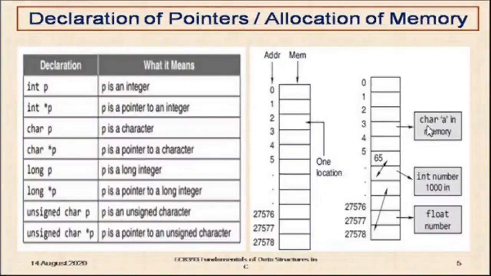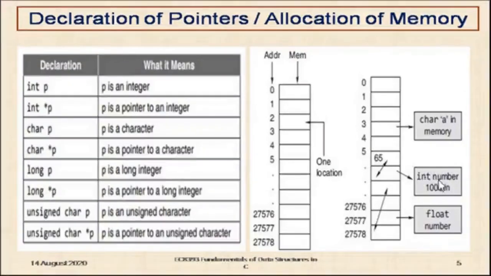If it is a character, then it occupies only 1 byte. So it will allocate a single memory address in the memory. You can see here, a single byte is assigned. This full address is 27503. That is assigned for the variable a of type character. Then int number. So number is the variable of type integer.